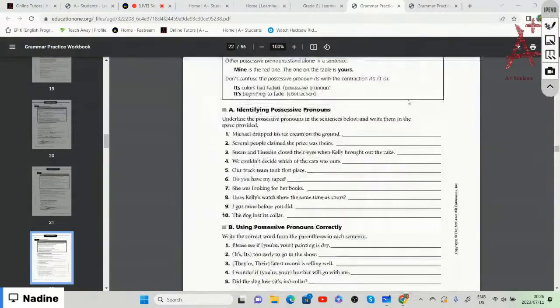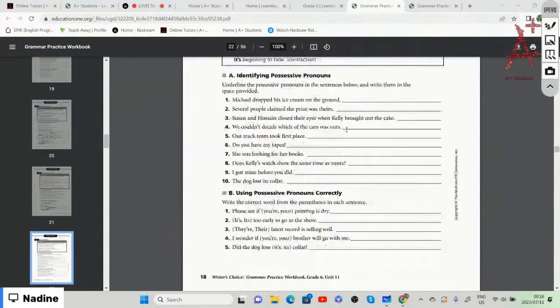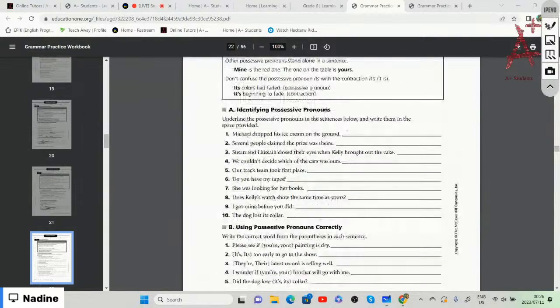All right, so now we are going to do activity A, to identify possessive pronouns. It says you need to underline the possessive pronoun in the sentence below and write it in the space provided. So, Michael dropped his ice cream on the ground.